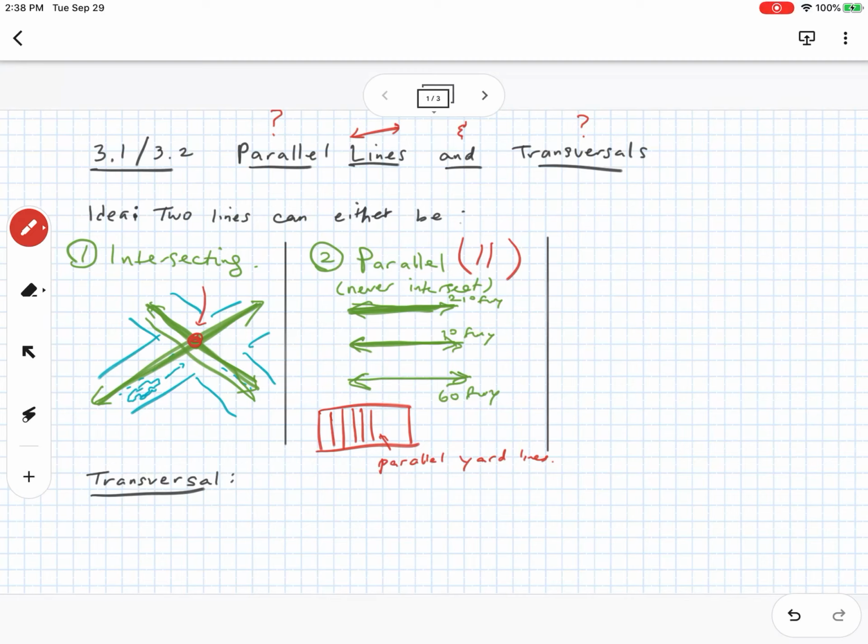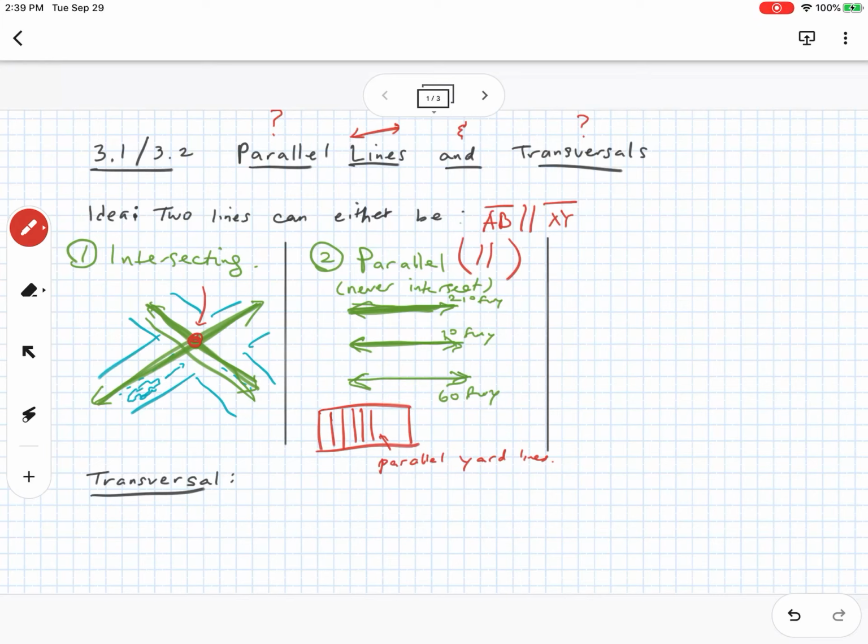It's kind of like chopsticks, like that. That means that it's parallel. So for example, if I were to write segment AB is parallel to segment XY, that's one way to express it.